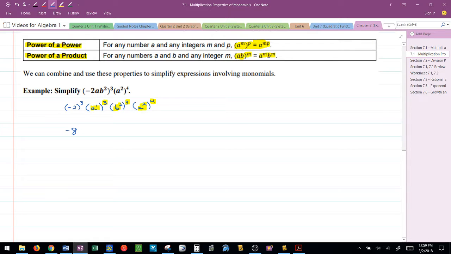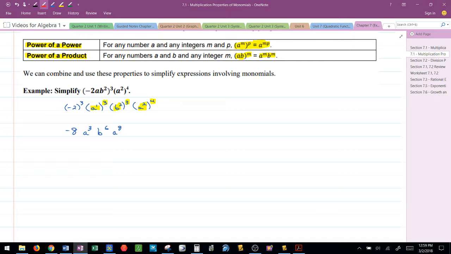So a to the first times third is just a to the 1 times 3, or 3. B to the second to the third is b to the 2 times 3, which would be 6. A to the second to the fourth is, because it's power to power, a to the 2 times 4, which would be a to the 8th.